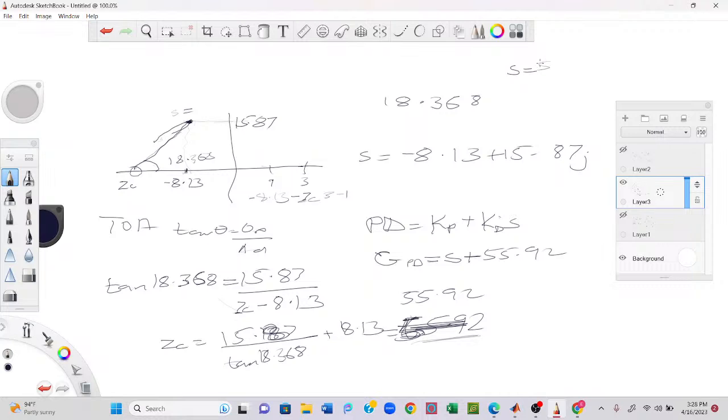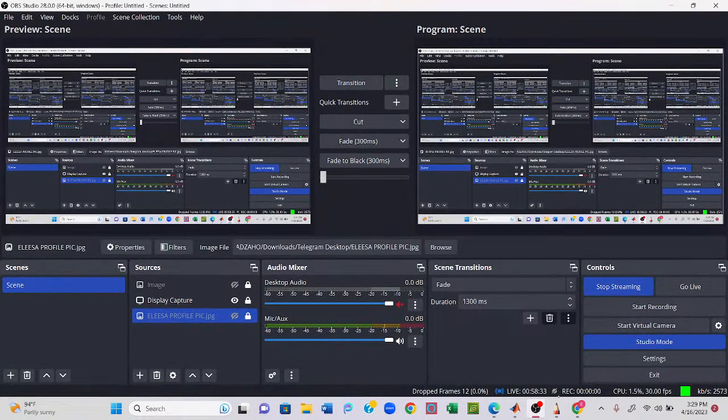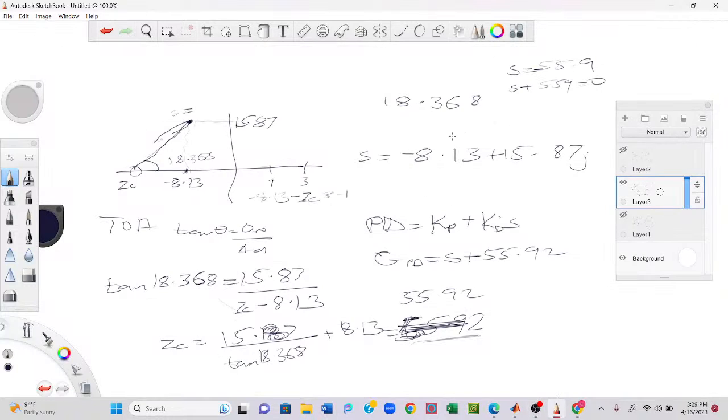S is equal to negative 5.92. That'll give you s plus 5.92 equal to 0. That's it. So you're done with your PD compensation. This will be your transfer function of your compensation.